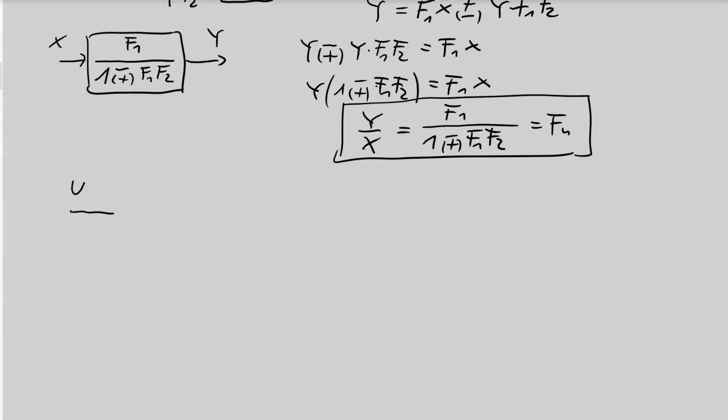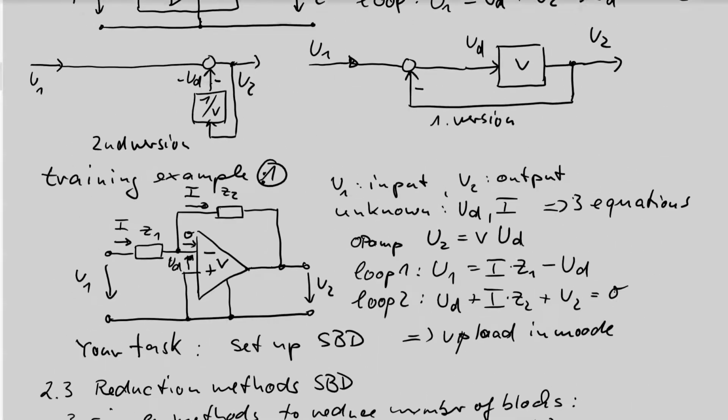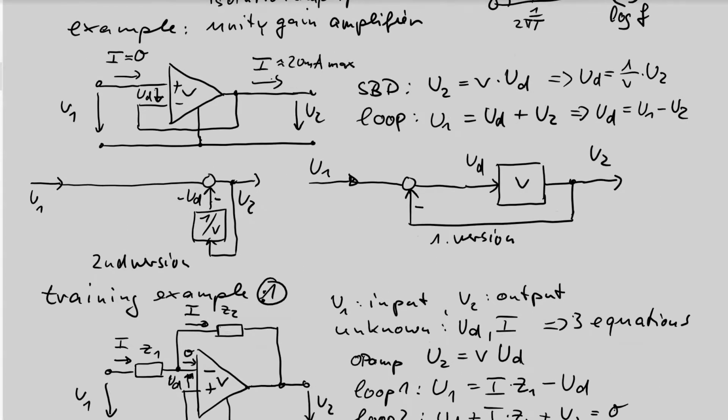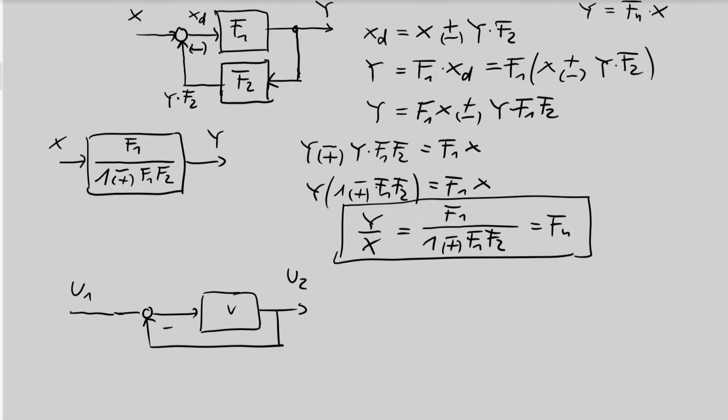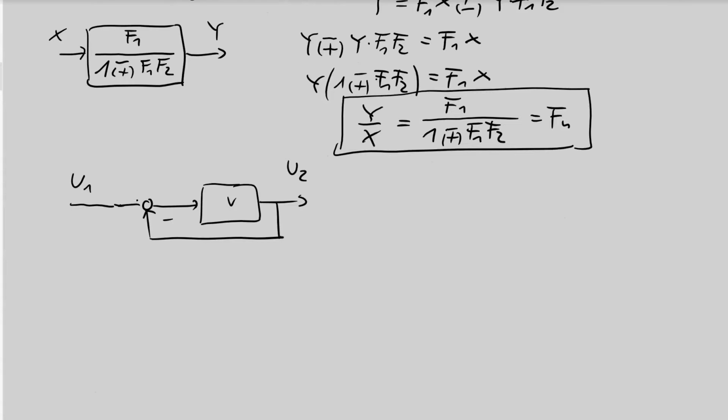There is an input voltage U1, then we have block function V, output U2, and a summing point here with negative feedback. Yeah, that was this circuit. UD is not interesting, just a negative feedback output to the summing point of the input. Here this directly can be combined.